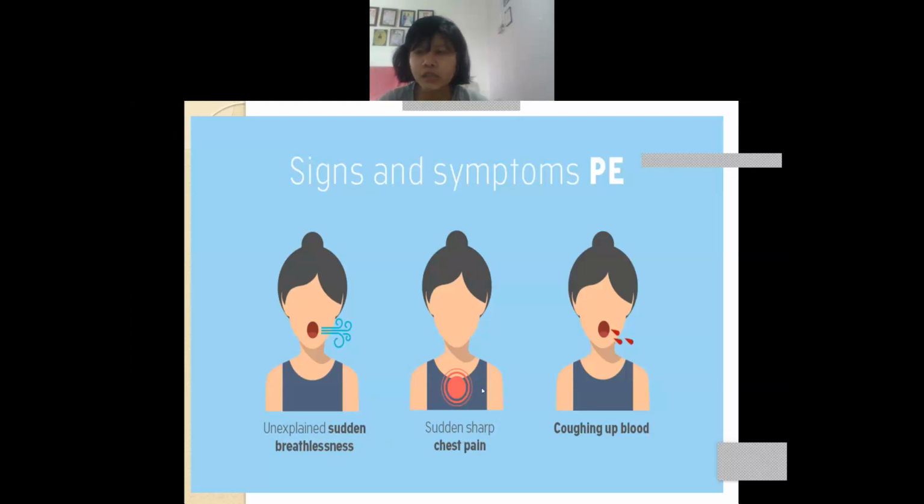So the person's chest will pain. Okay. Next is coughing up blood. So the person will cough out blood because there is a blood clot inside. Understand? So in pulmonary embolism, when the person gives force, the blood clot automatically comes out. So that's why the person will cough up blood.